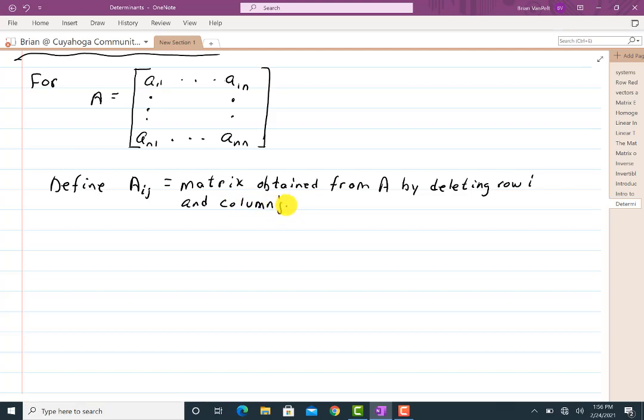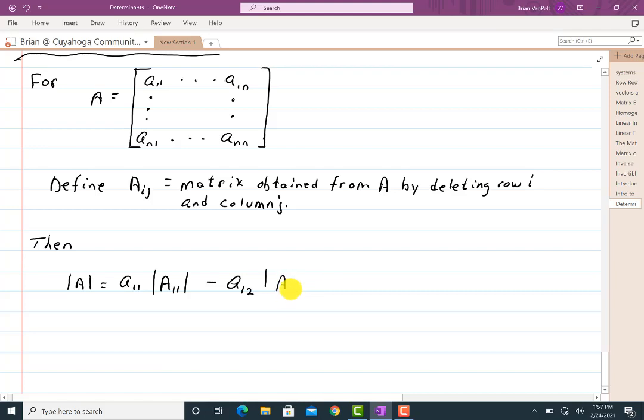So the Aij, remember when I was striking out the column and the row that a certain item was in, that's exactly what's going on here. So then we can get the determinant of A to look like this. A will equal A11 times the determinant of A11, where we strike the first column and the first row, minus, remember these alternate, A12 times capital A12.